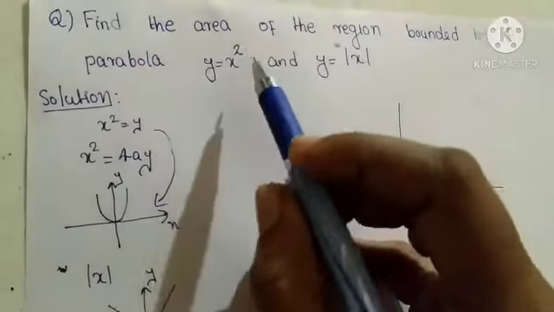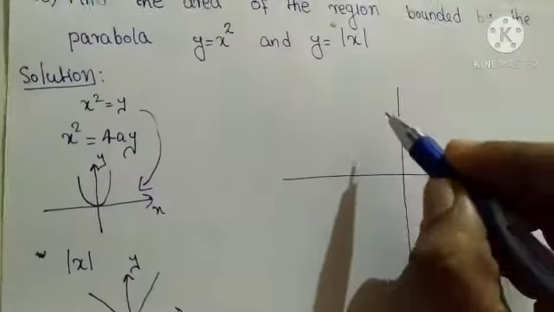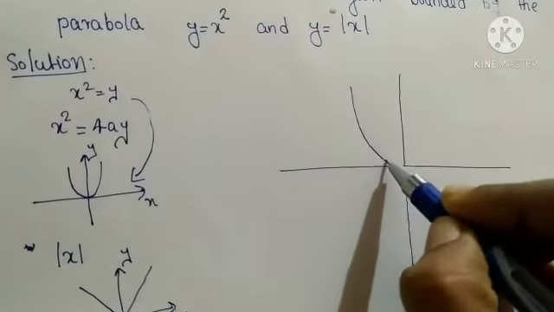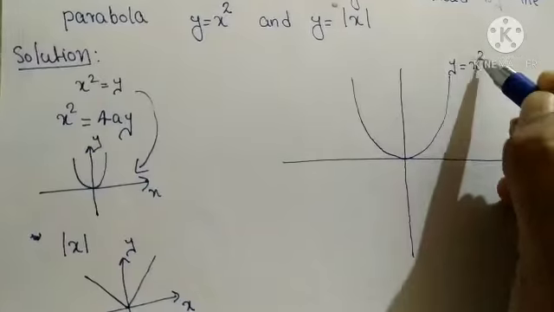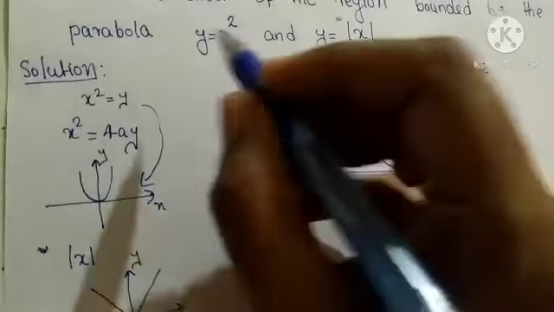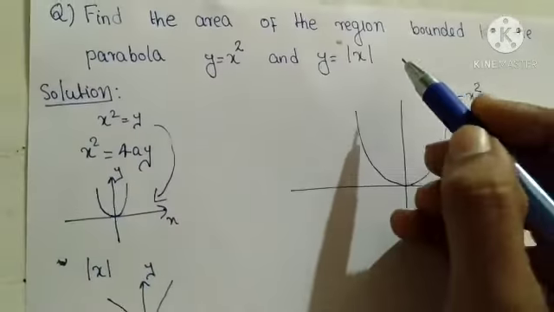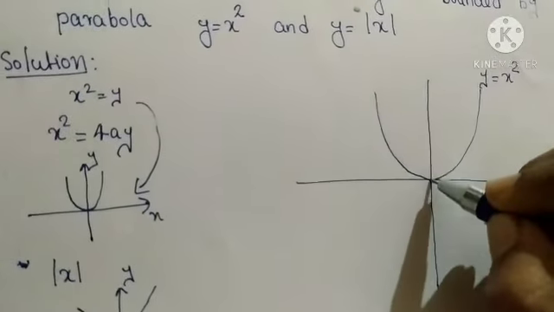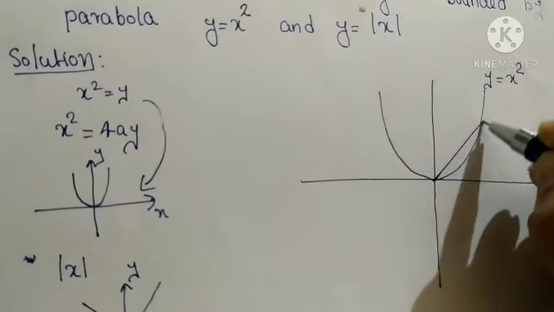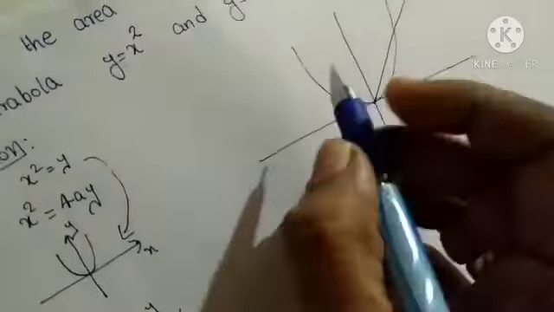So next I am going to draw these two functions. First of all I am going to draw y equal to x square, which is like this, and the next function is y equal to mod x, that is the modulus function. The modulus function graph is like this.